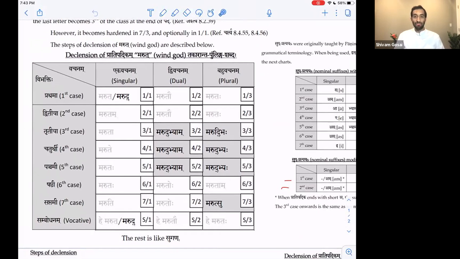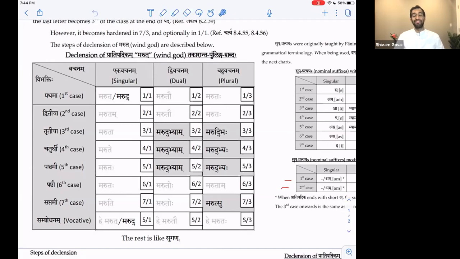That's why they call Hanuman Maruti, because he's born of Vayu, born of Marut. The one who's born of Marut is Maruti.